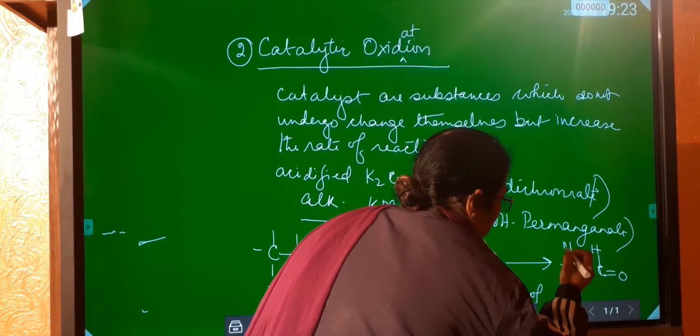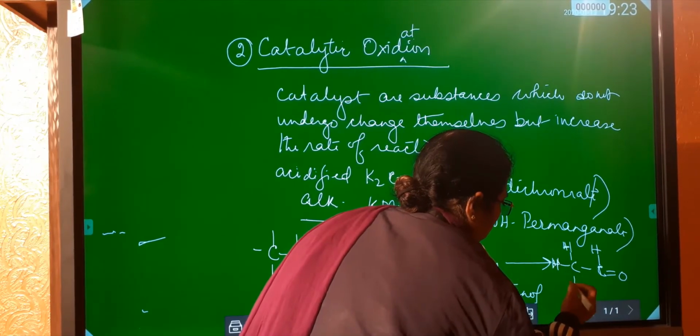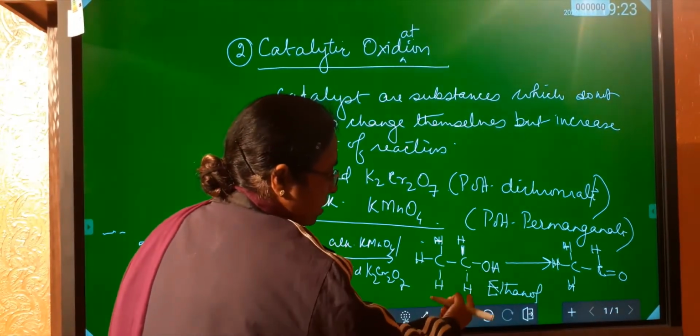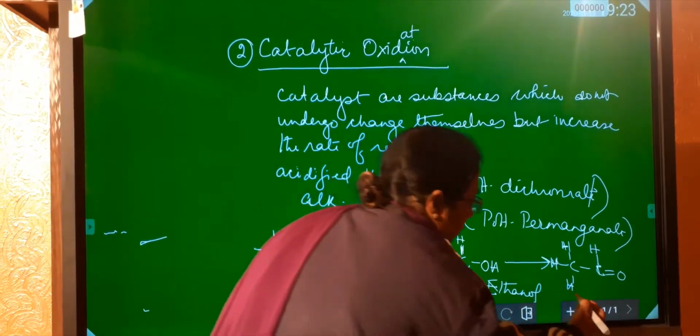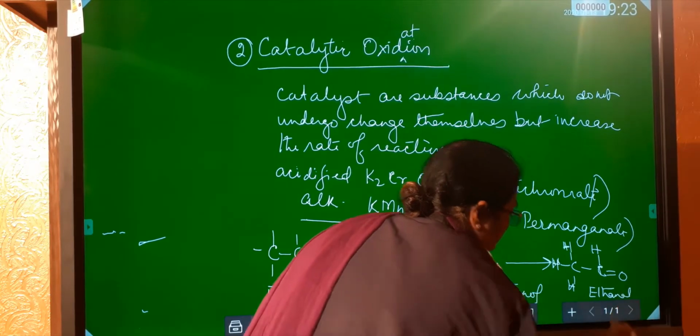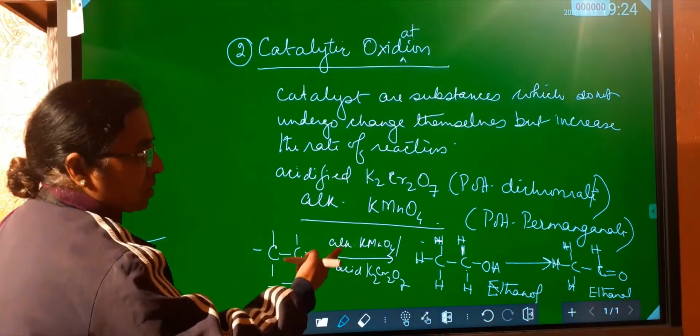That means now the group is aldehyde. This will become ethanal, as 2H has been removed. Further, we continue this oxidation.